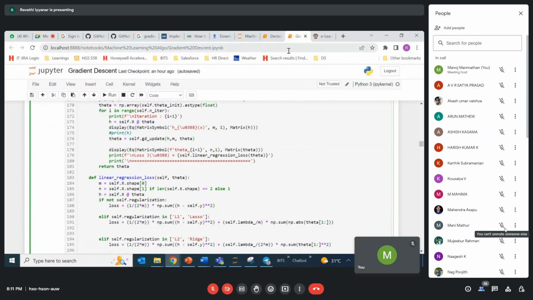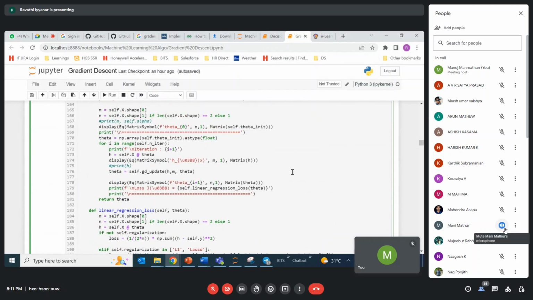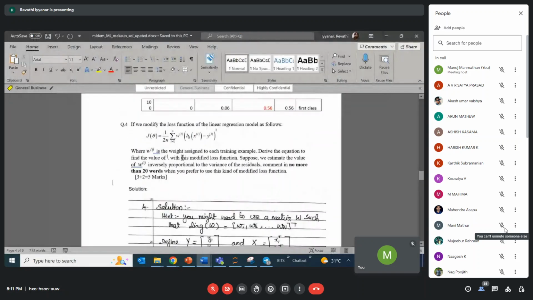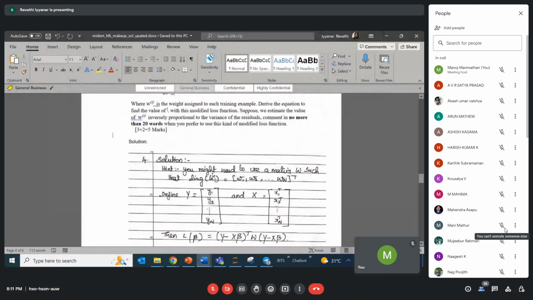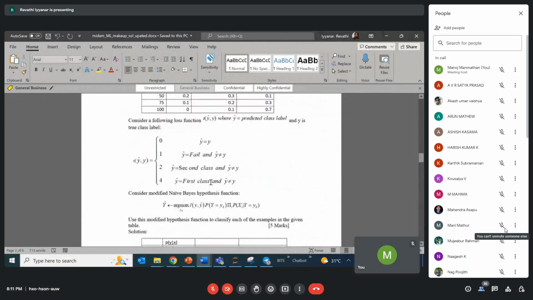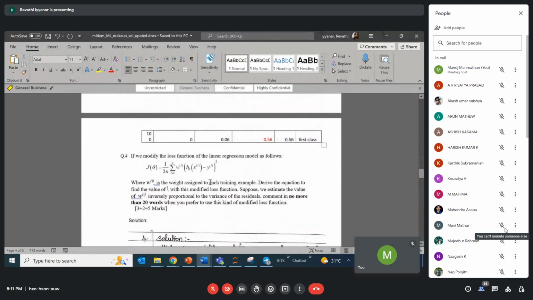Shall we go to the next Python program? For this modified linear regression in the example, how do we change it over here? That I have not understood. Do you have a sample question for that, for the test data?